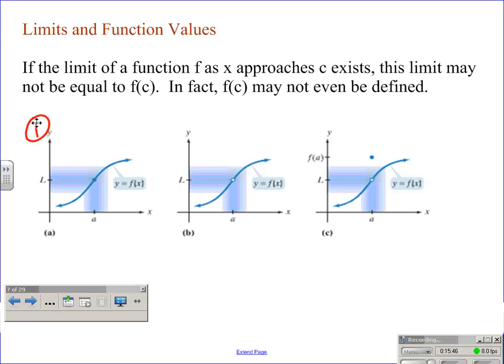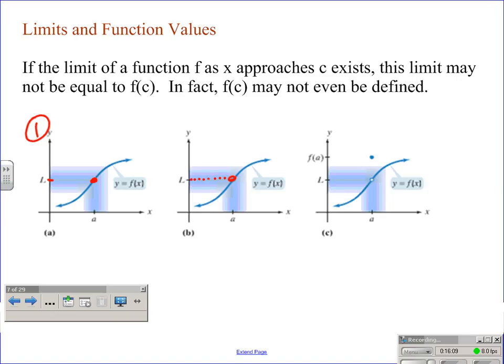You notice here we do have a function, and f of a is defined here. And the limit in this case would be here. Okay? Here it is not defined, right? But we do have a limit.